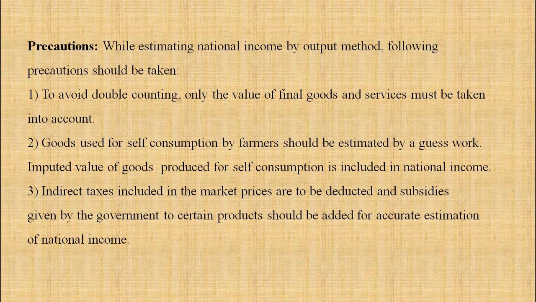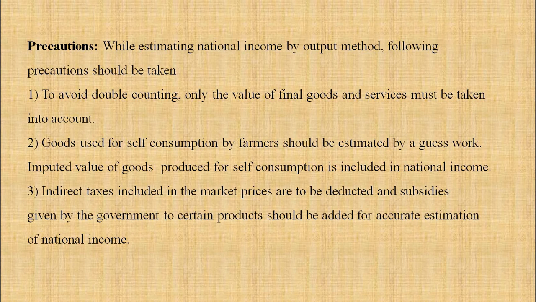Precautions. While estimating national income by output method, we have to take the following precautions. Number one, to avoid double counting, only the value of final goods and services must be taken into account. Second, goods used for self-consumption by farmers should be estimated by guesswork.